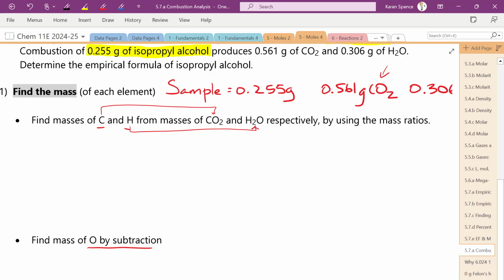No. Oh, no, it doesn't matter. So the key thing here for this unit is.